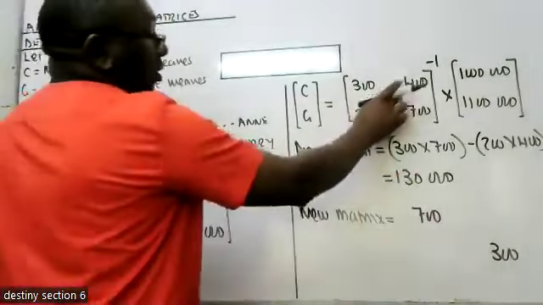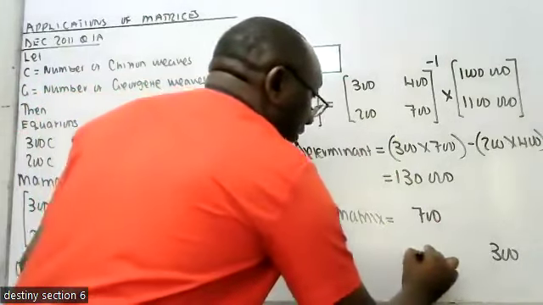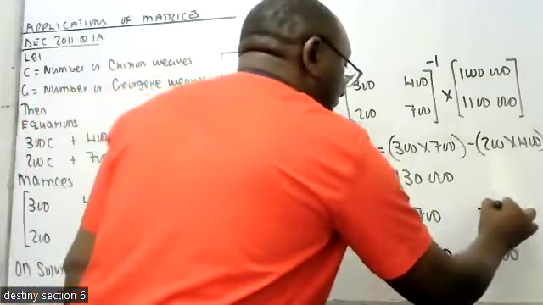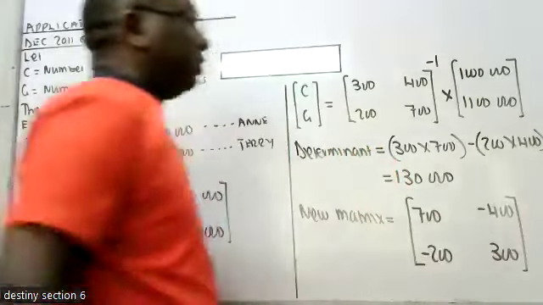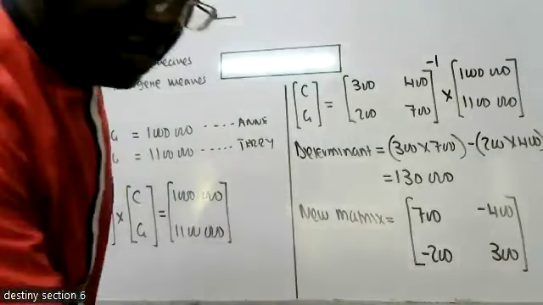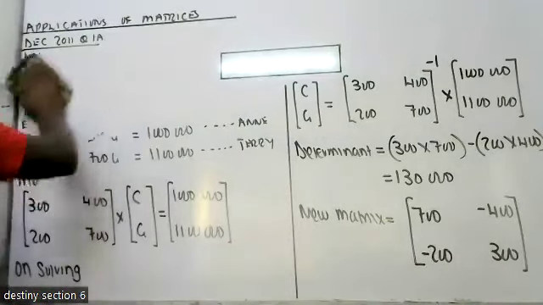And the minor diagonal elements, I interchange the signs so that I have minus 200 and minus 400. That's my new matrix. And if that is my new matrix, I proceed.